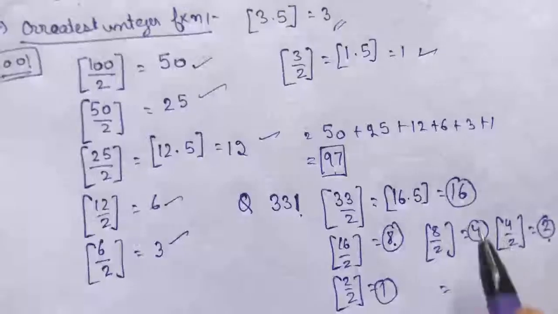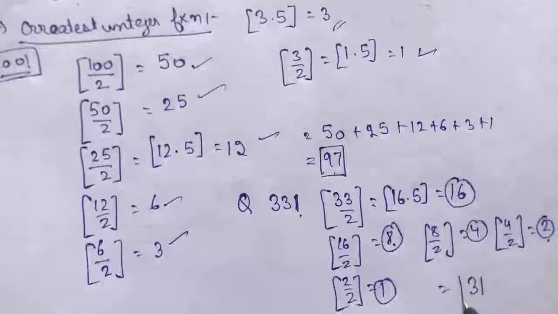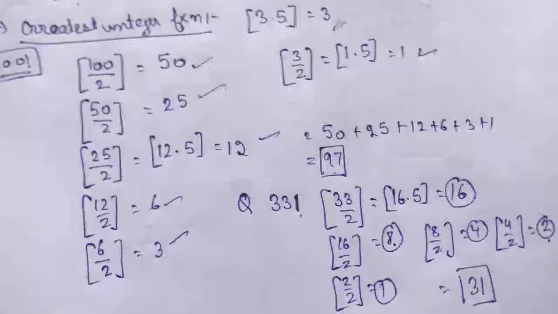Sorry, 4 is also there. So 16 plus 8, that will be 24, 28, 30 and 31. Means in expansion of 33 factorial, there will be 31 2's present in that expansion.